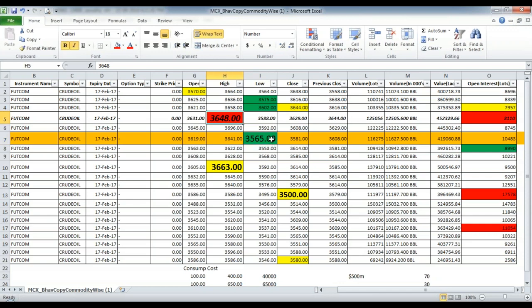These were the two important levels, right? And I said that this is the most difficult example. Why? Because 3570 and the close is 3580, right? Yes or no? It's a 10 rupee range. Where is it closing?